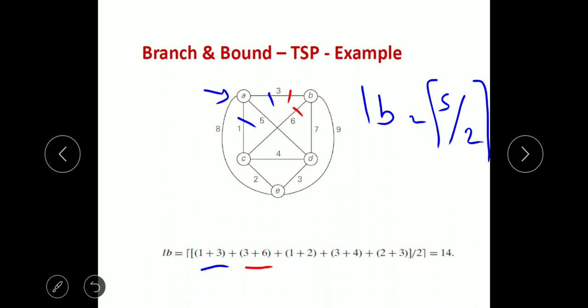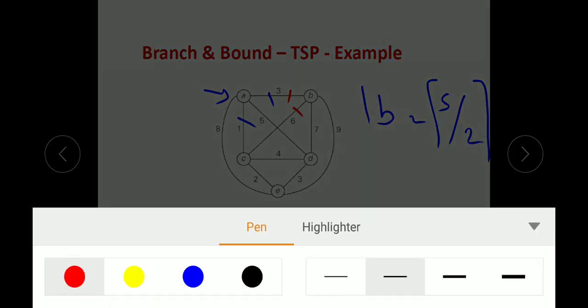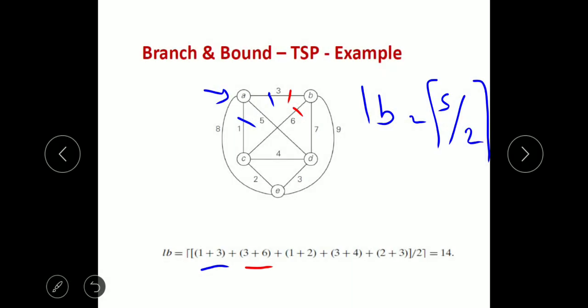Now calculating it for vertex C. Vertex C has two edges with minimum cost: one edge goes from C to A and the other goes from C to E. So its sum is 1 plus 2.